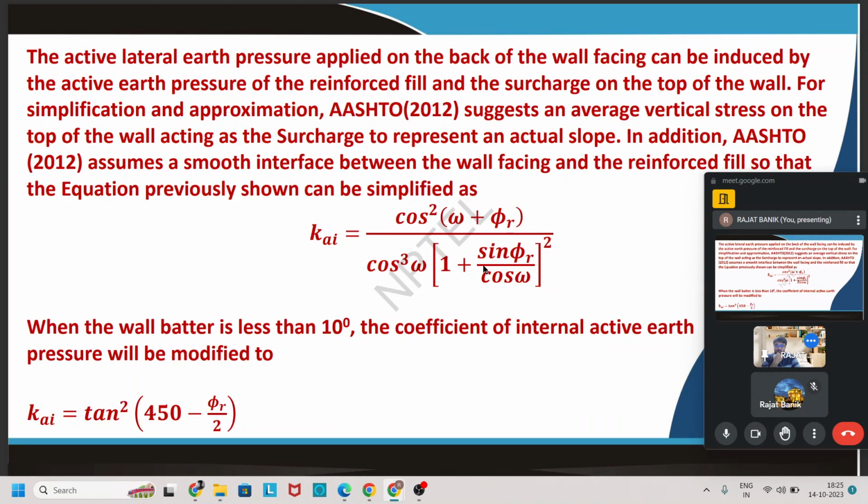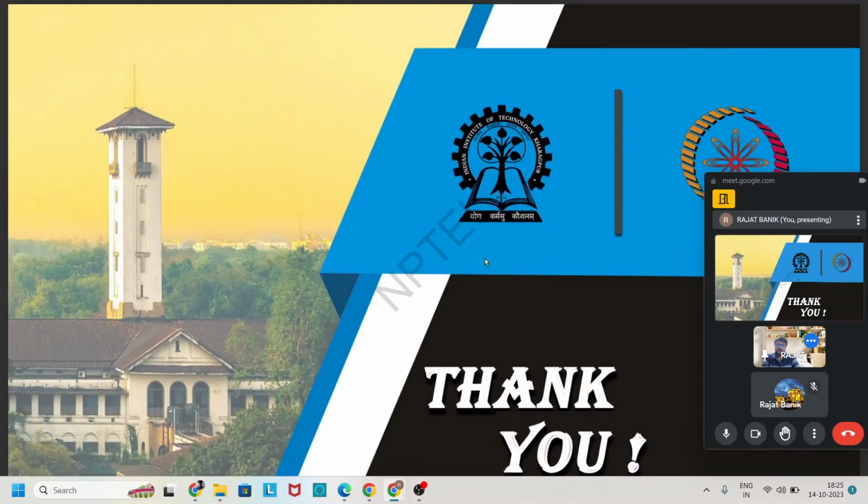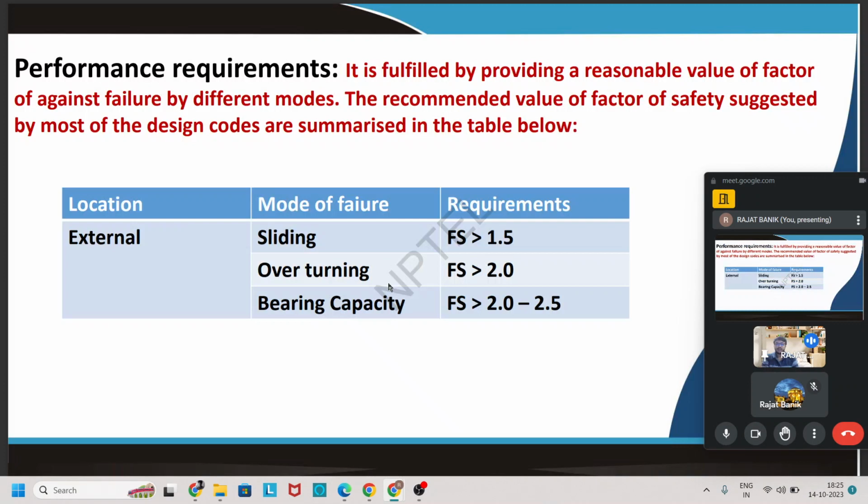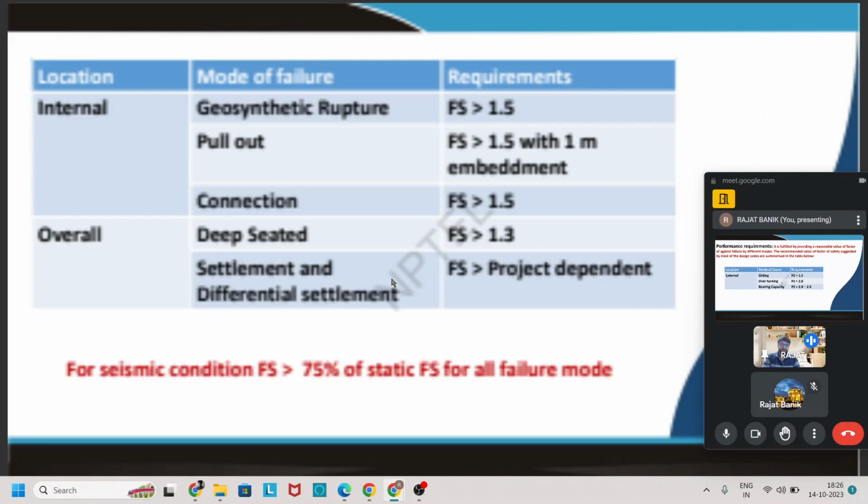And we also discuss Ki, or the active earth pressure, for this soil. And we also discuss the different factors of safety for different failures. For sliding, we use a factor of safety greater than 1.5. For overturning, we use a factor of safety greater than 2. For bearing capacity, we use a factor of safety greater than 2 to 2.5.